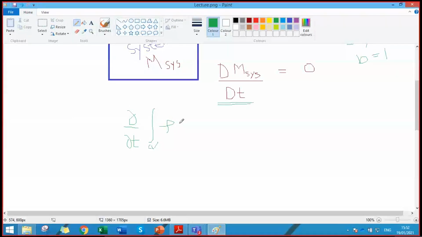Now b is 1, so I will not be writing it here. dV, plus integral control surface rho v dot n should be equal to 0, right?